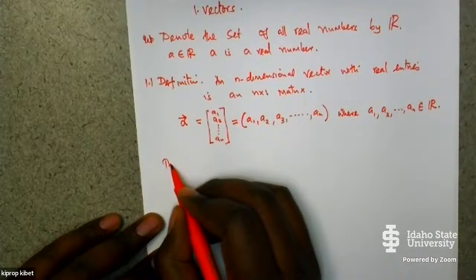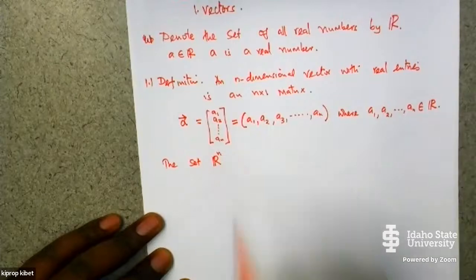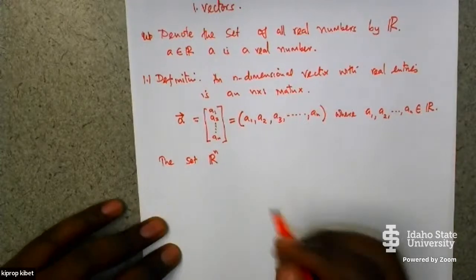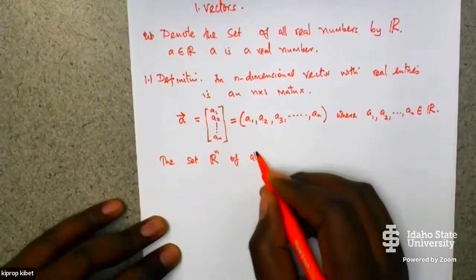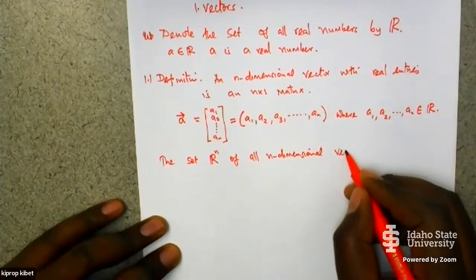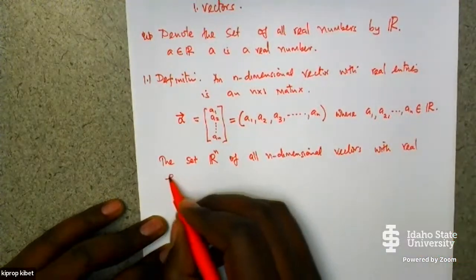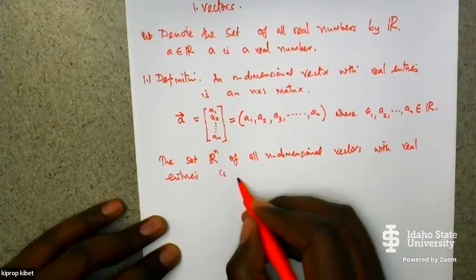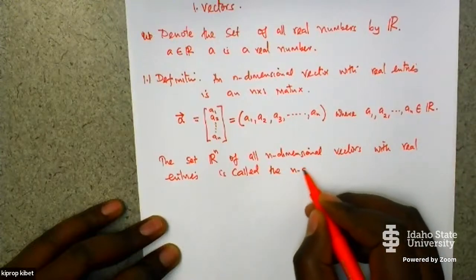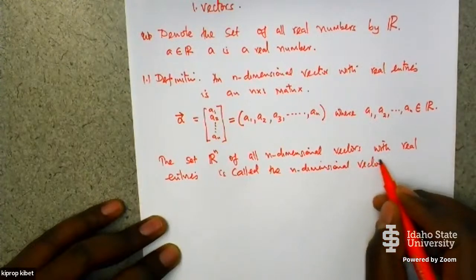Now, the set R^n of all n-dimensional vectors with real entries is called the n-dimensional vector space.